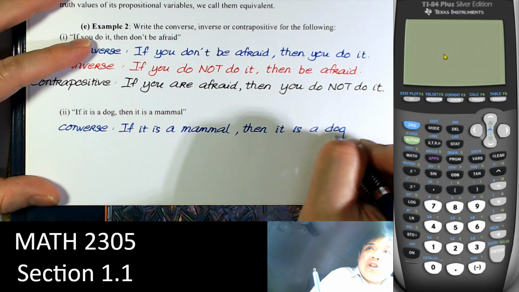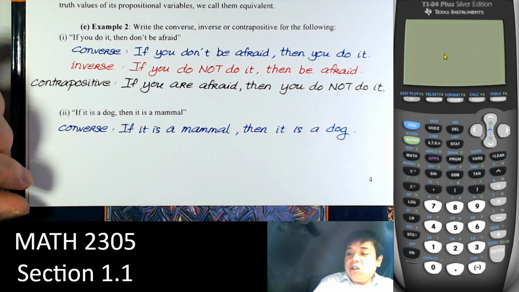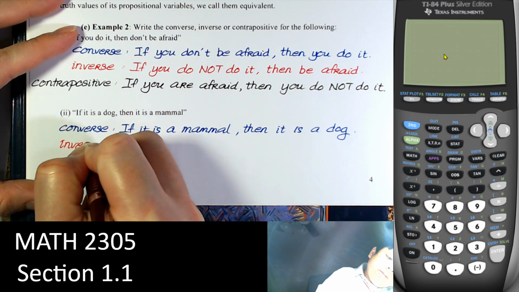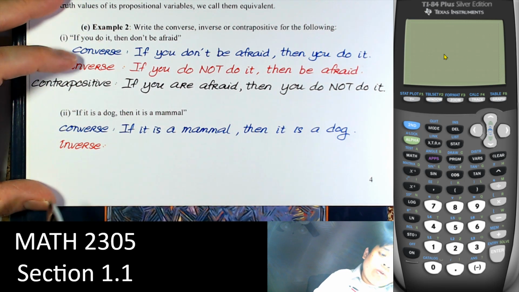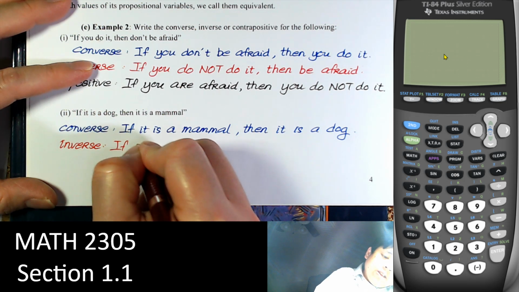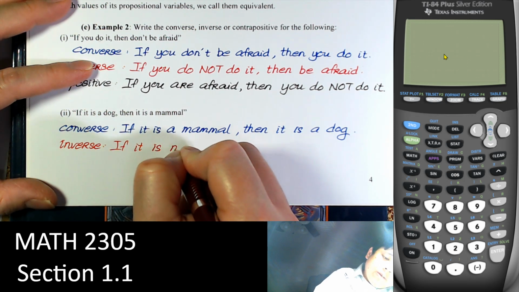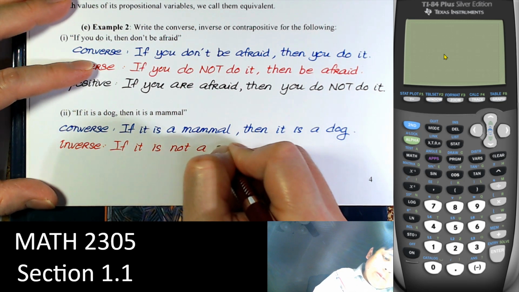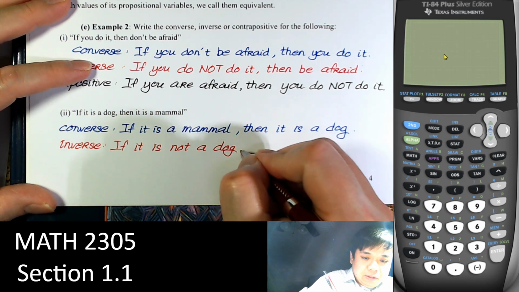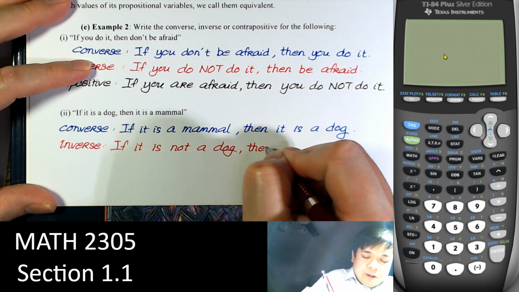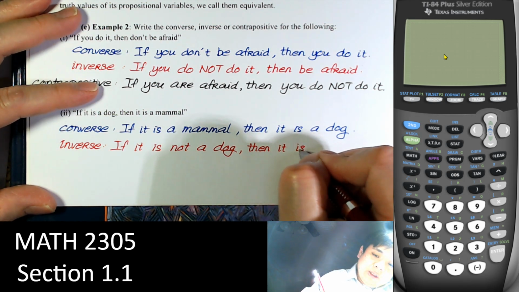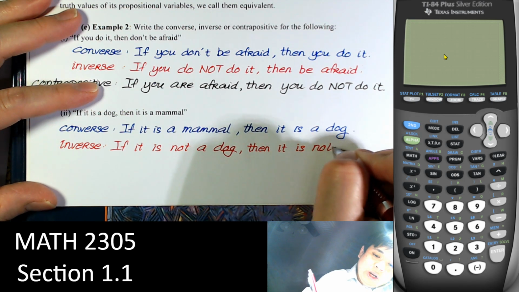I just interchange. That gives us a converse. The inverse is where we negate both. If it is not a dog, then it is not a mammal. So we negate both of them.